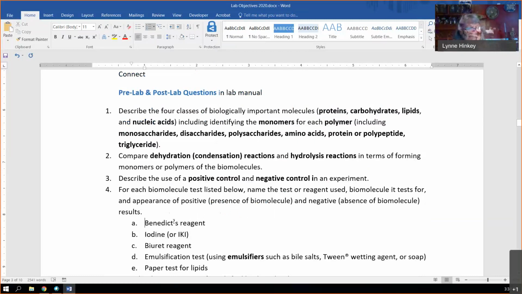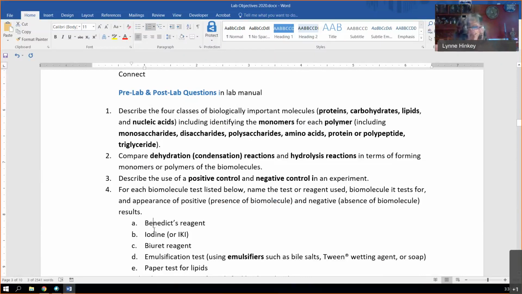Sometimes we can get a slightly positive reaction with Benedict's because my polysaccharide is made up of stacks of simple sugars, monosaccharides. So if that starts to break down, like if I heat a solution and break the hydrogen bonds holding the polysaccharides together, then there will be free sugars floating in the solution.